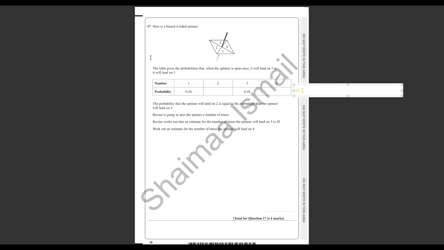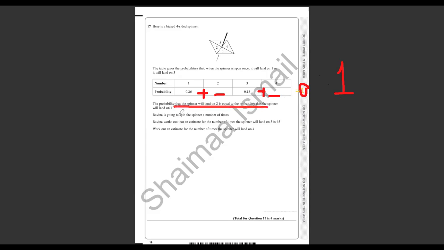So if you add 0.26 plus the probability of 2 plus 0.18 plus the probability of 4, all this equals 1, because the total of all probabilities is equal to 1. Okay, that's complete. So all he wants now is the probability that the spinner will land on 2, which is equal to the probability that the spinner will land on 4. So they are equal.